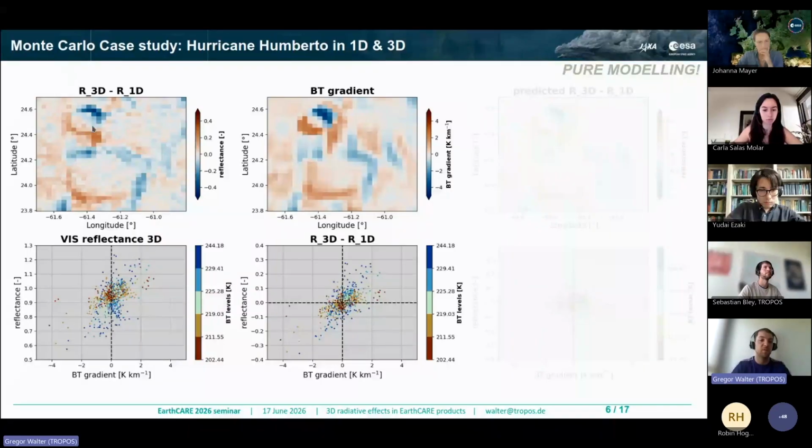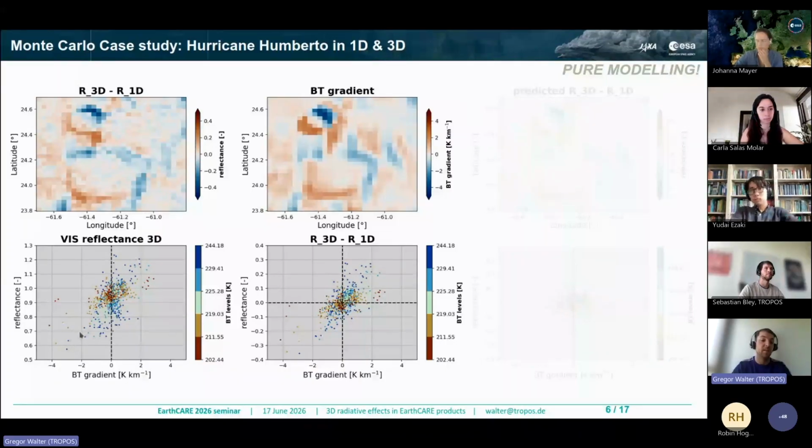It's a bit noisy because we need really a lot of photons to produce a really smooth image, but it's definitely enough to evaluate the 3D radiative effect. And here on the bottom left plot, we have the brightness temperature gradient, from the left with the more shadowy pixels to the right with the illuminated pixels.